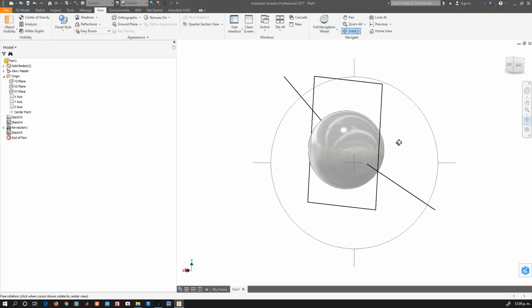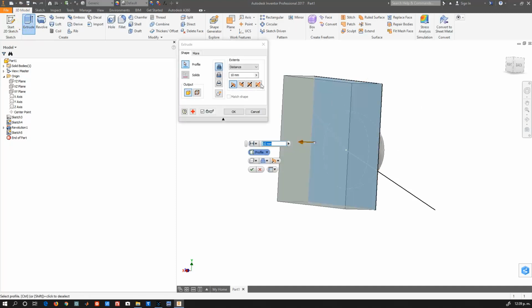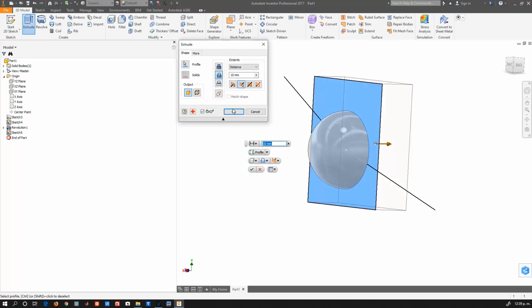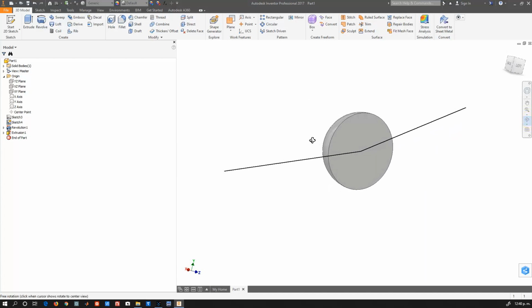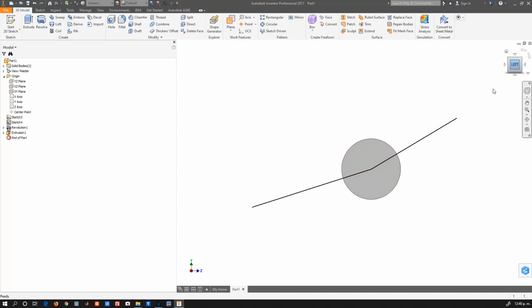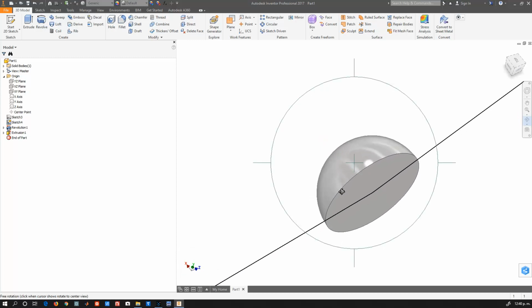And if you cut this sphere using this plane, like this, you have half a sphere, and the face of the cut sphere is always going to be a circle, and the diameter of this circle is the same diameter as the whole sphere.